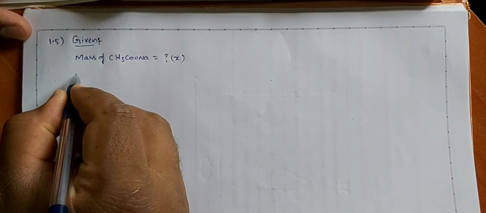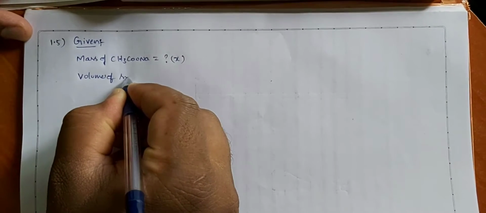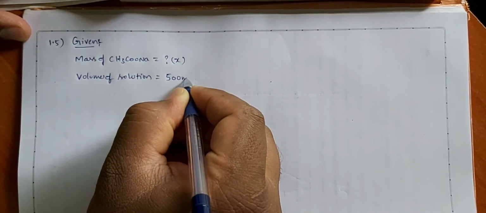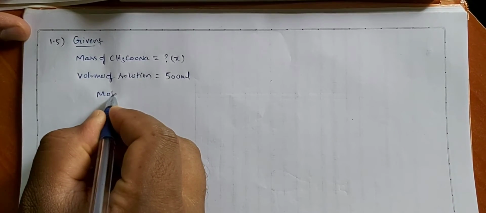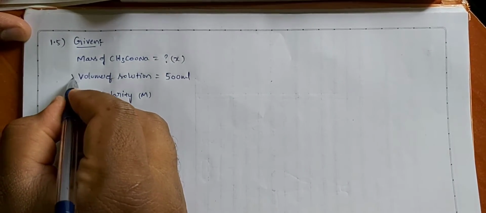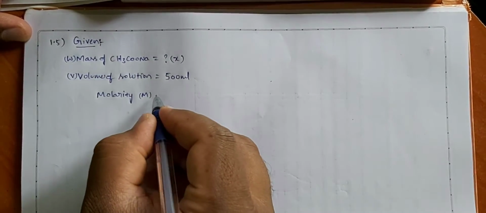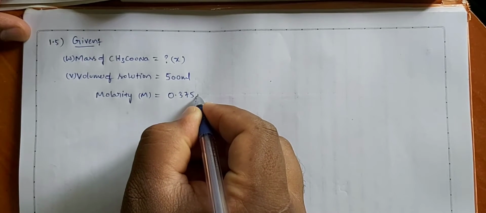Next, volume of solution is equal to 500 ml. Molarity of solution is equal to 0.375 molar.